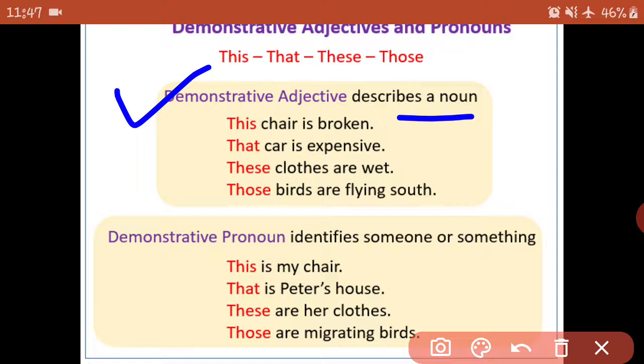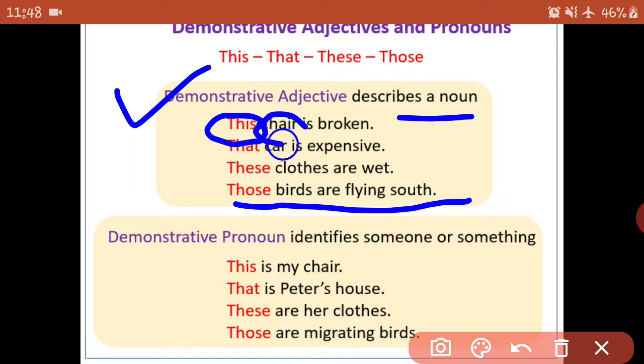Means an adjective comes in that sentence. These clothes are wet. Those birds are flying south. Now, how will you identify that it is a demonstrative adjective? It will be followed by a noun and it will describe that noun.